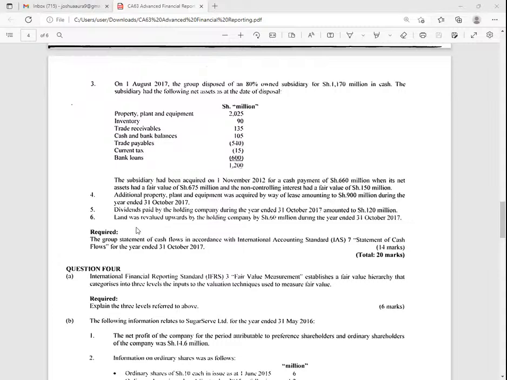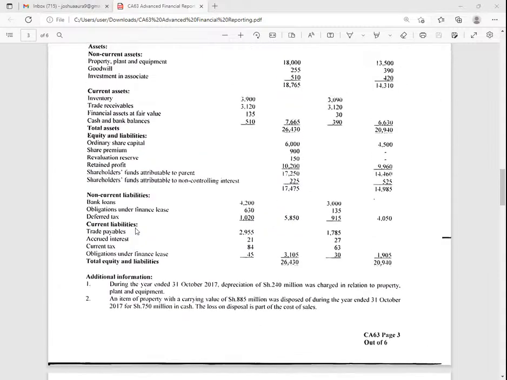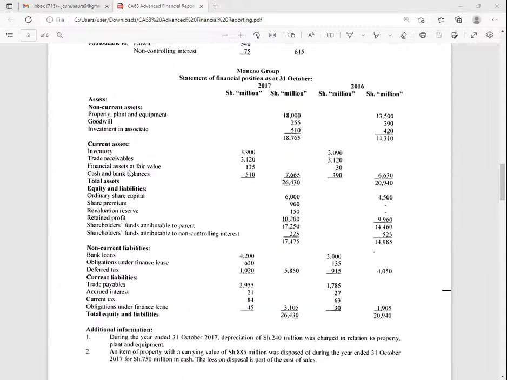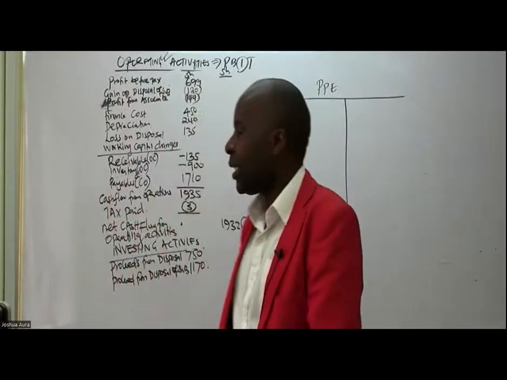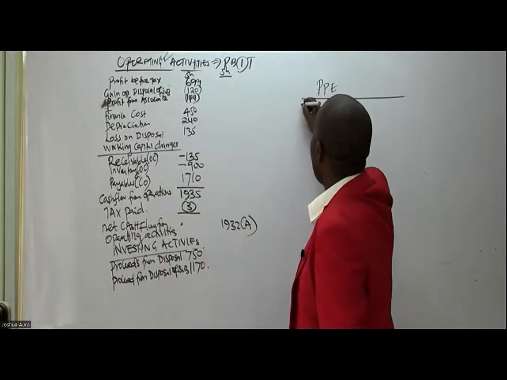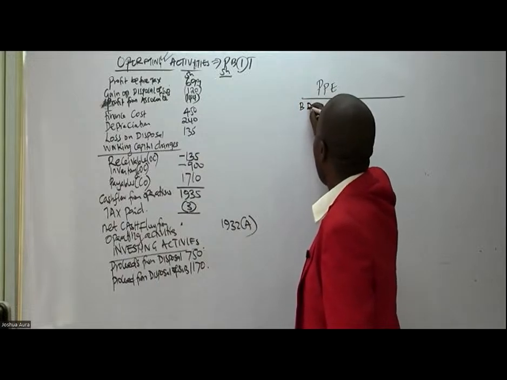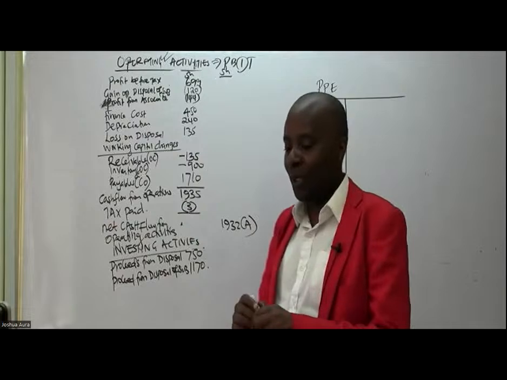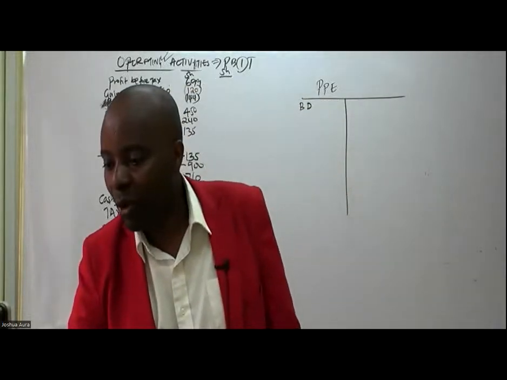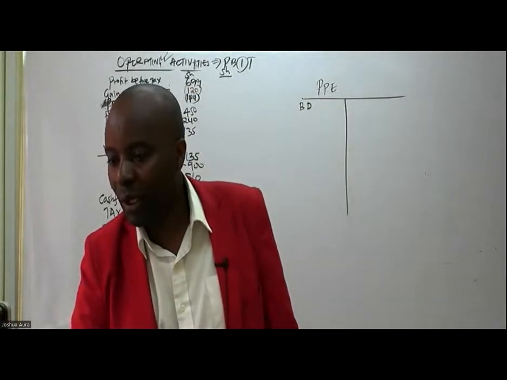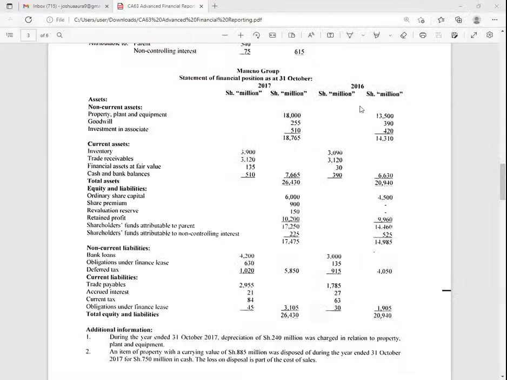So we have, ladies and gentlemen, property, plant, and equipment brought forward. I can see 13,500, carried down 18,000.